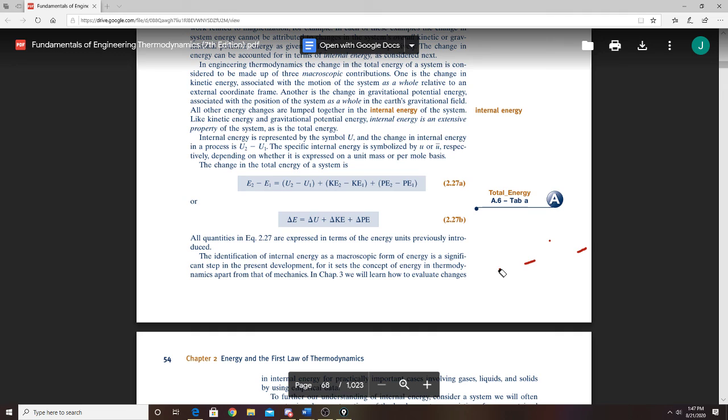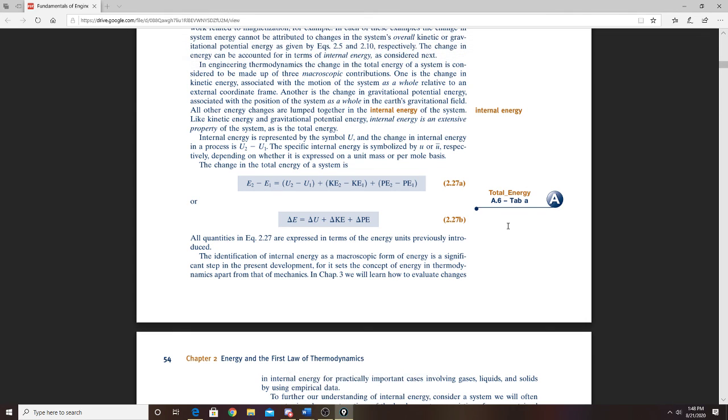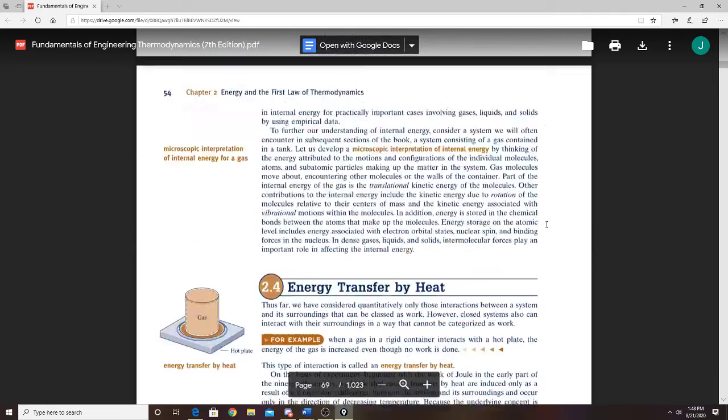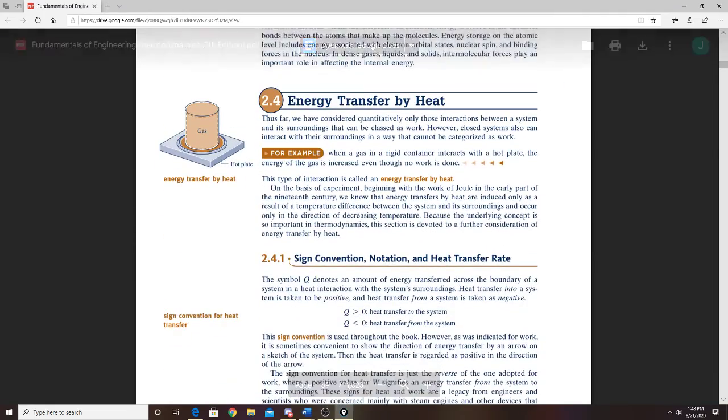So that is the next part. Essentially you find the heat transfer and the work using internal energy states. Or if you know the work and the heat transfer, you can find the internal energy states. But if you don't know the heat or work, you can find it using internal energy. So that'll be the next thing we do.